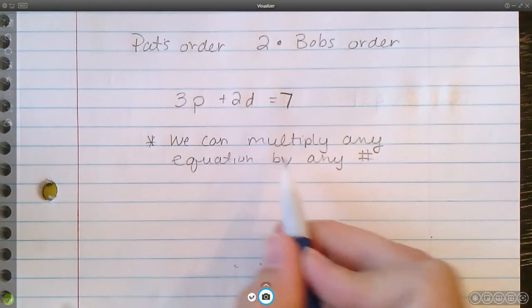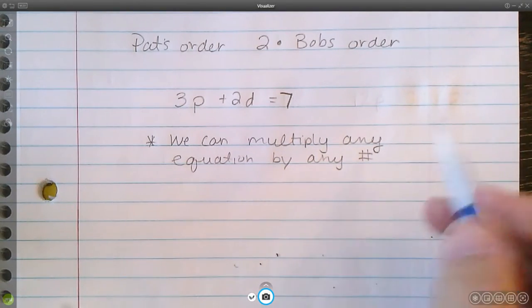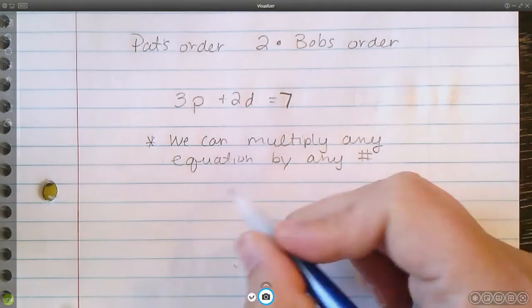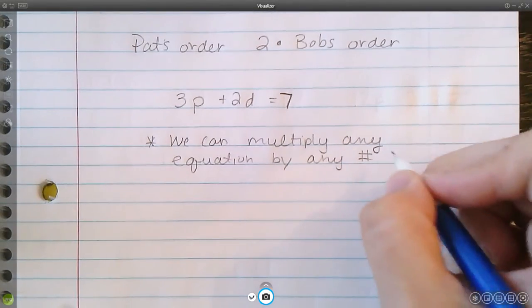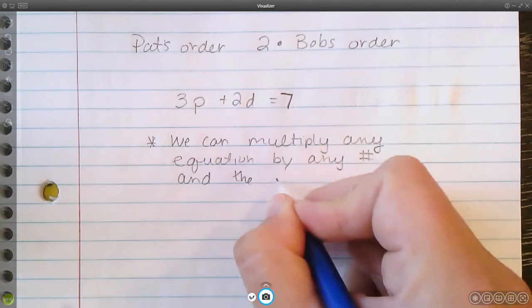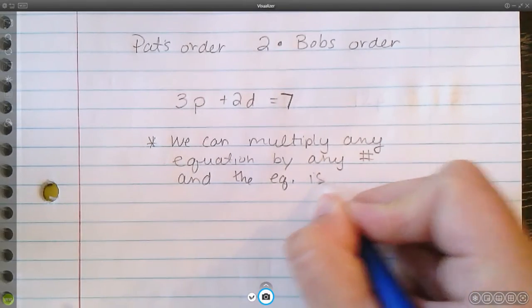Okay, so when you multiply any equation, it's both sides of the equation. And I'll show you an example here in a second. By any number, and the equation is still true.